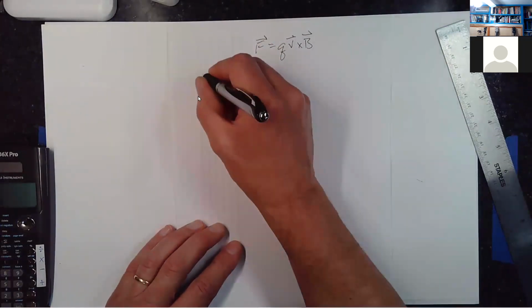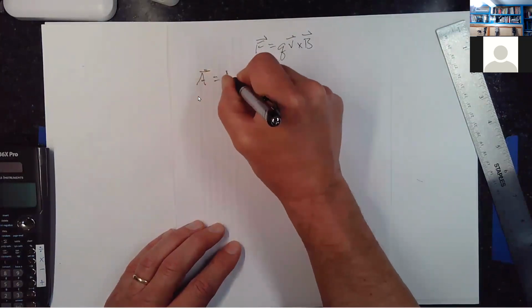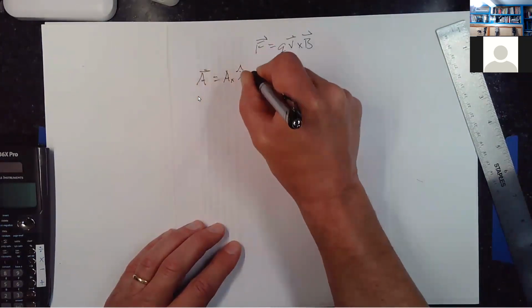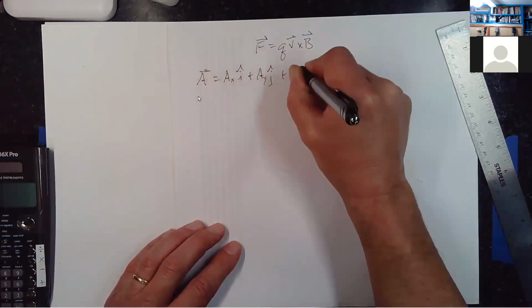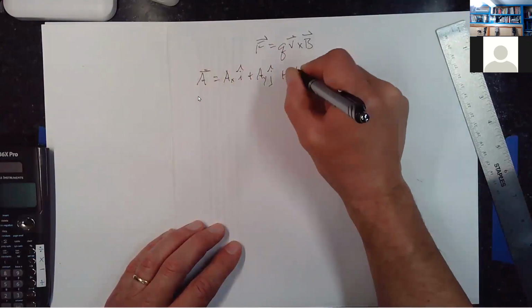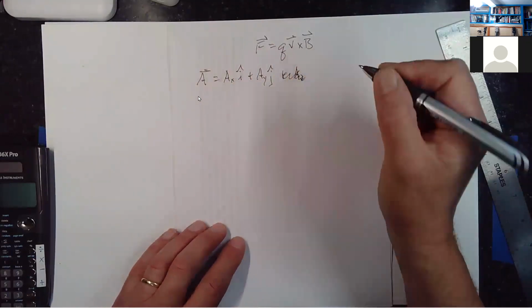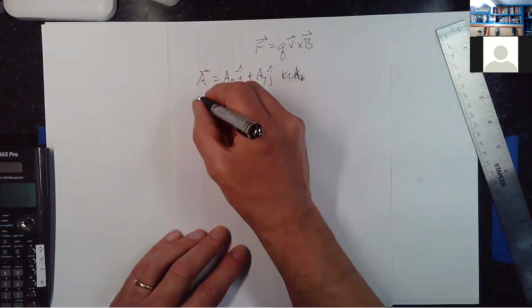Let's take a couple of vectors, A, which is going to be AX along I hat, plus AY J hat, and I'll just give it 2 components to keep this simple, because it'll be more similar to what you need on a homework problem.